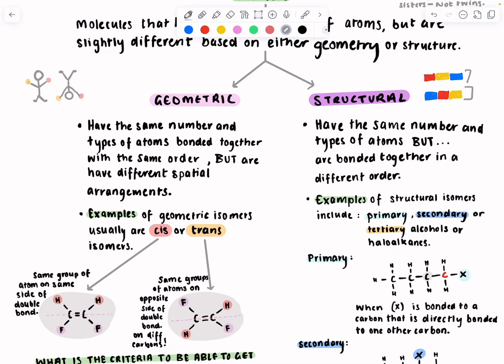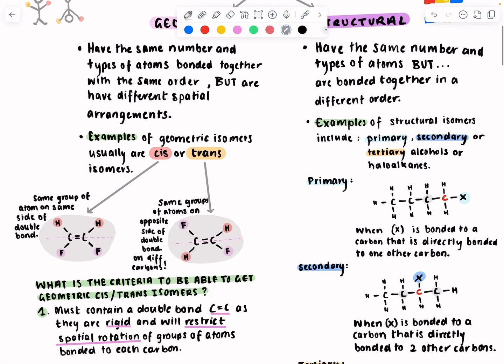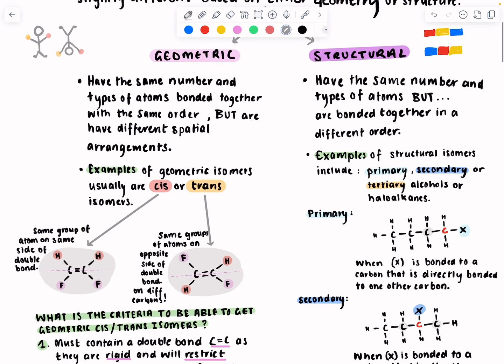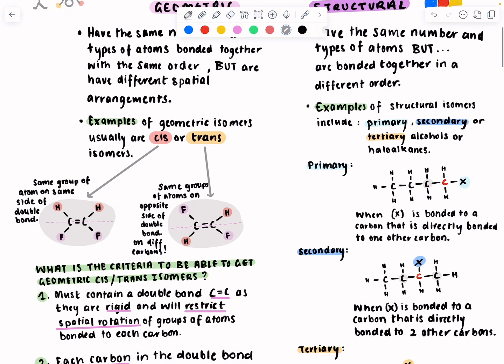However, the thing that makes it different is the arrangement of these actual Lego pieces. So they're bonded in a different pattern to one another. And this is what makes them structural isomers of one another. And so an actual chemical example would be primary, secondary, or tertiary alcohols or haloalkanes.